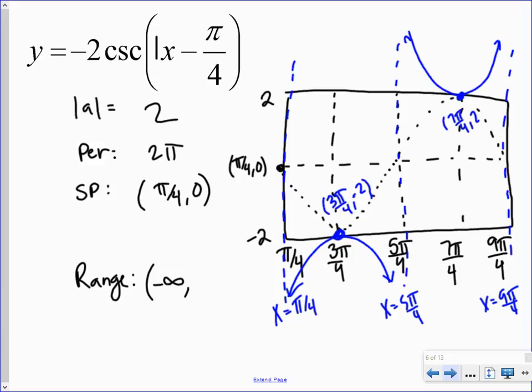That would affect your range. So we come up to negative 2, use a bracket, and then include positive 2 to infinity. Okay, so we're skipping over. There is nothing in between negative 2 and 2. Where we drew the original sine function with negative a, that's not part of this cosecant function at all.